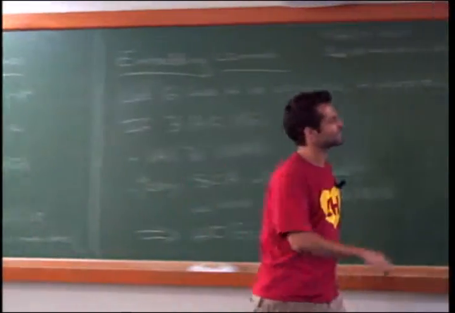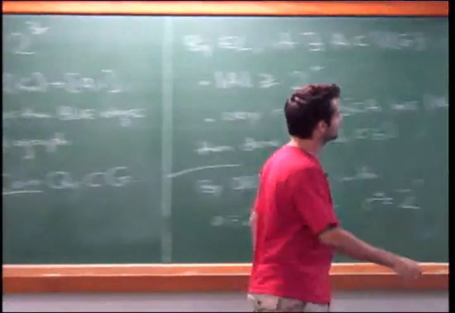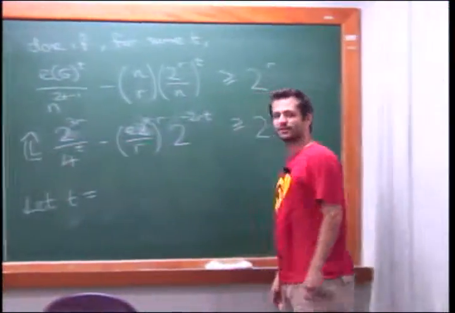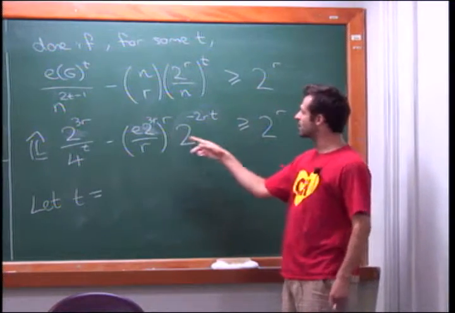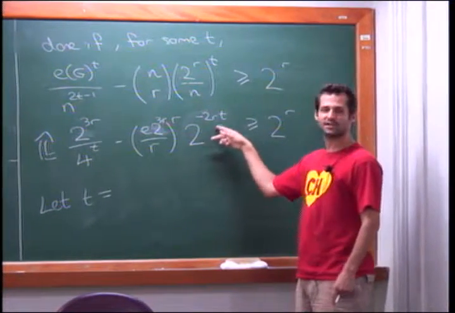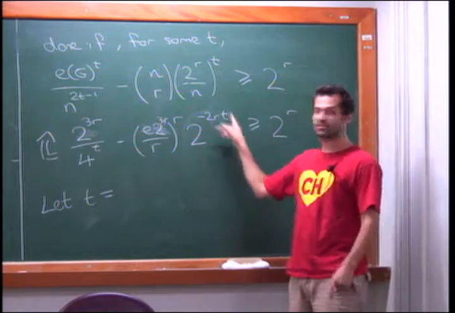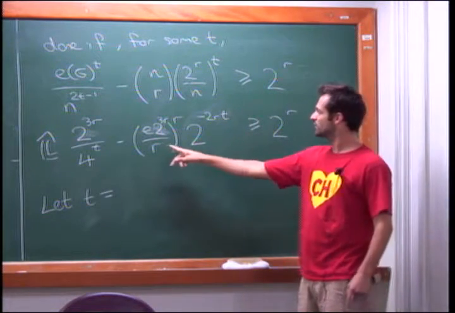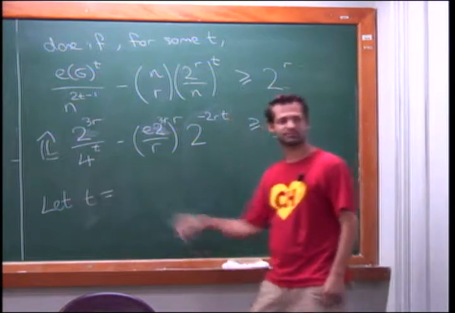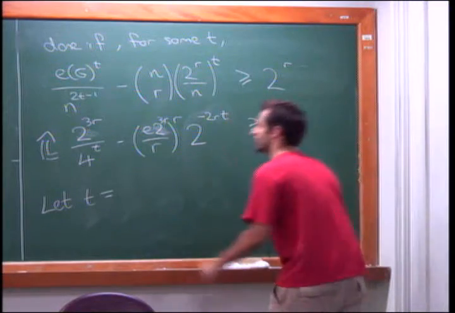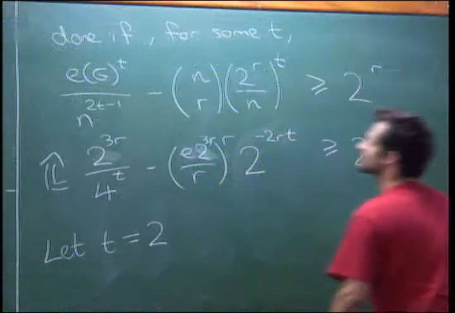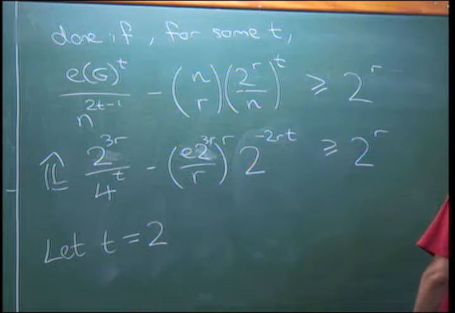Okay. So what do we want to take it to be? This is like 2 to the 3r squared, 2 to the minus 2rt. So we want this term to be small, basically, but without making this term small. So let's take t equal what? 2r will do, right? Maybe 2r minus a little bit.